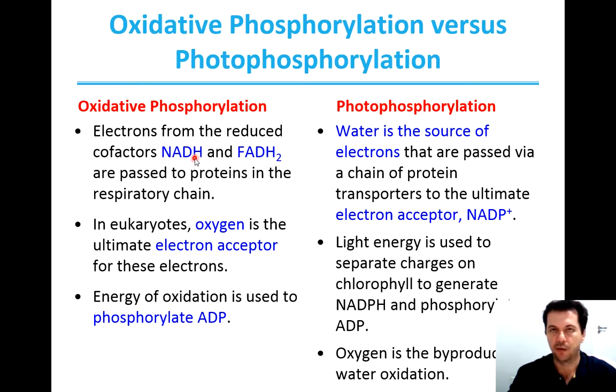The NADH by the complex 1 and the FADH2 by the complex 2 in the respiratory chain. Here oxygen is produced by photophosphorylation and photosynthesis, and here the oxygen is the ultimate electron acceptor, so it's taking electrons.